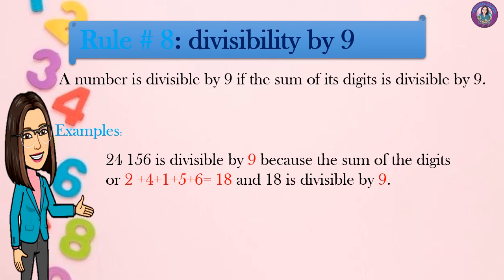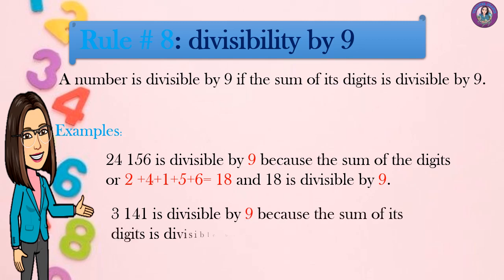Therefore, 24,156 is divisible by 9. Another example. 3,141 is divisible by 9. Why? Because the sum of its digits is divisible by 9. That is 3 plus 1 plus 4 plus 1 equals 9, and 9 divided by 9 is 1.